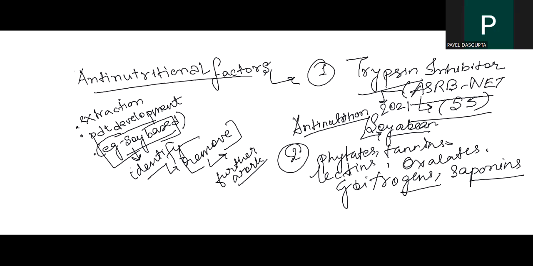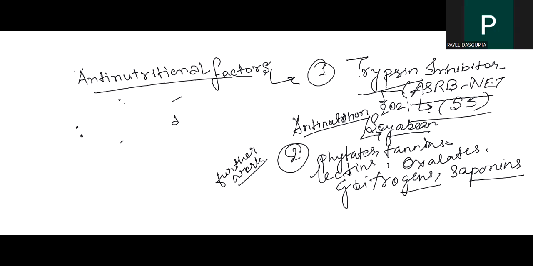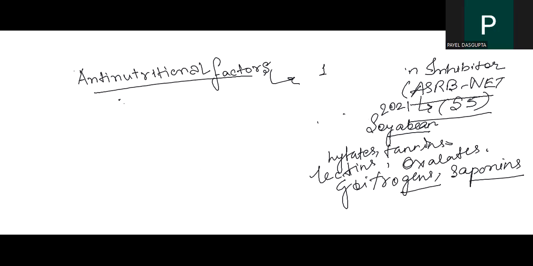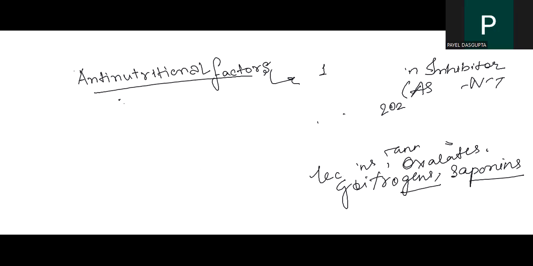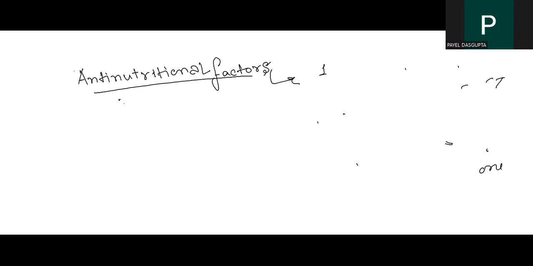Now what do these anti-nutritional factors do? They interfere with the other nutrients present, such as proteins and minerals like calcium, zinc, iron, iodine. They interfere with them and do not allow them to function properly.